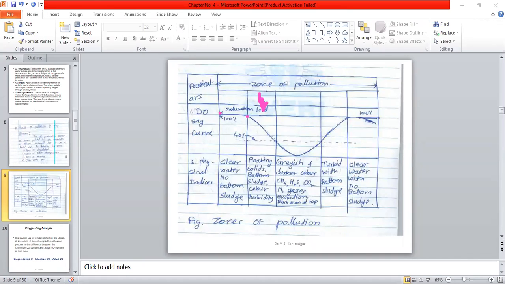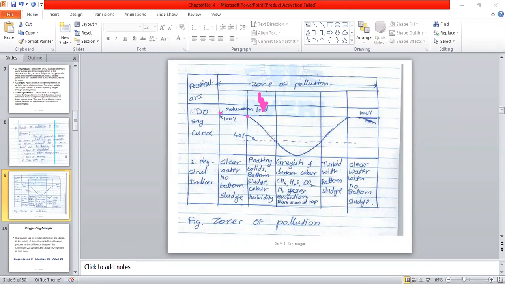In this zone, the dissolved oxygen level will fall down to 40% of the saturation value, whatever the saturation value of that particular stream may be. It is because it is just below the outfall of the sewer. Outfall of the sewer means wherever we have added the sewage.